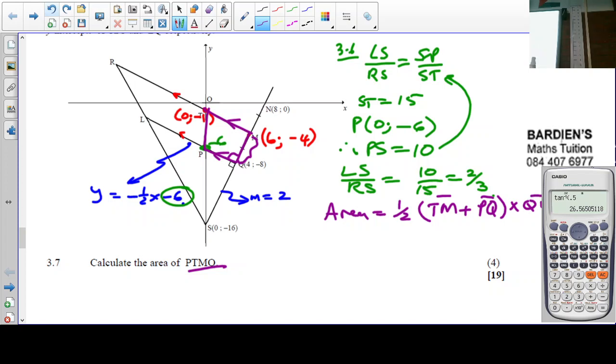That is one way, and there are many ways of doing this. I think there are four or five different methods of calculating this. We could have cut this up at that point and formed a rectangle and a triangle, then worked out the area of the rectangle plus the area of the triangle.